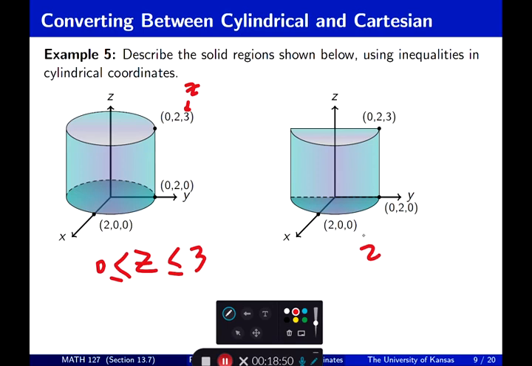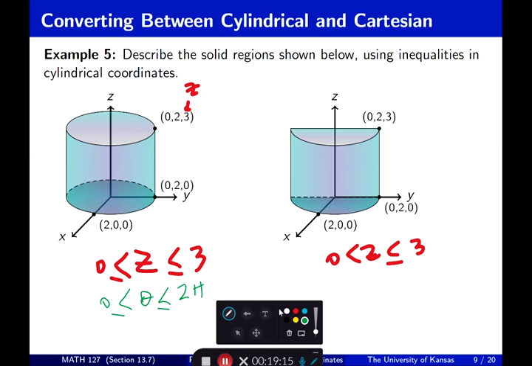Also for that one. Now, what else do we know? And here it goes all the way around. So theta does 1 full round. Theta is between 0 and 2 pi.